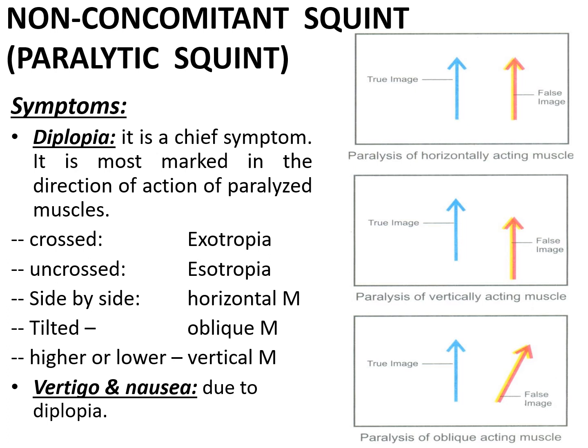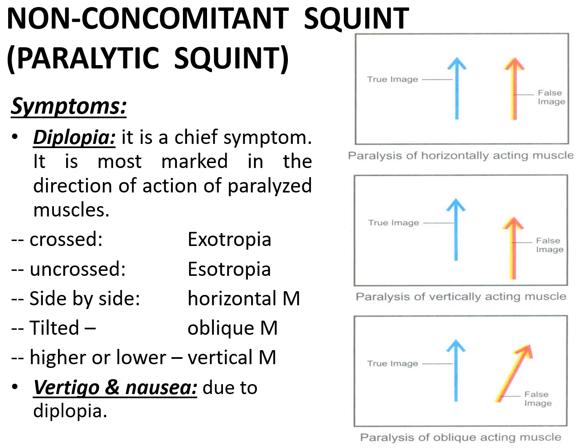The chief symptom of a patient with paralytic squint is diplopia. It is most marked in the direction of action of the paralyzed muscle. Diplopia is crossed in exotropia and uncrossed in esotropia.